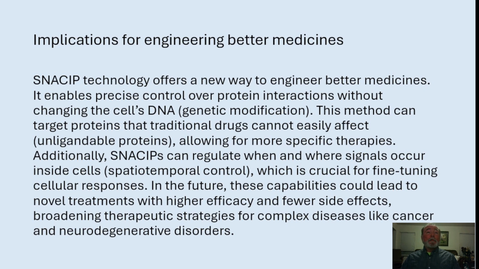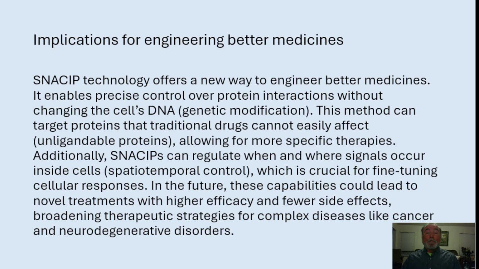It enables precise control over protein interactions without changing the cell's DNA. This method can target proteins that traditional drugs cannot easily affect, allowing for more specific therapies. Additionally, SNACIPs can regulate when and where signaling occurs inside cells.